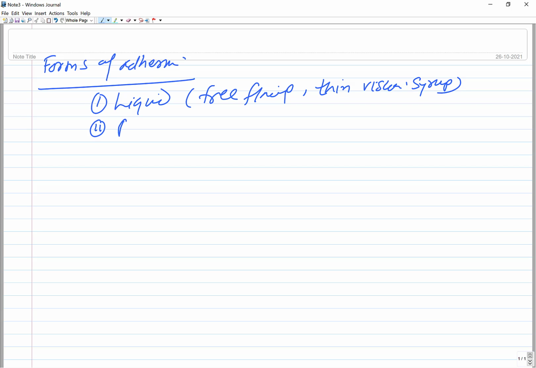These are also used in the form of paste or some kind of stick, like in a tube or stick form. Then in the form of solids, and then powders, and then the films.